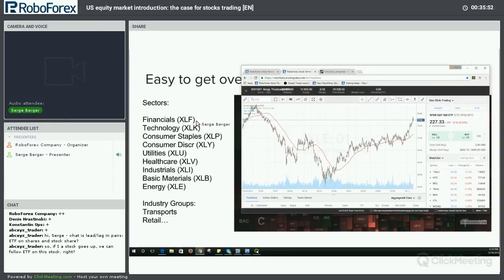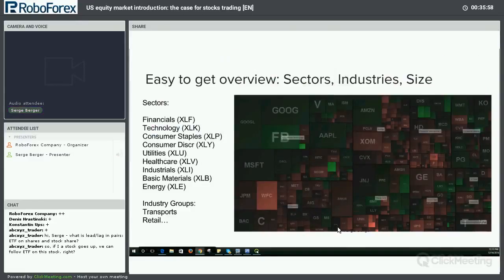Yes, exactly. The XLK ETF, for example, is made up of various technology stocks. In the XLK, we have things like Microsoft, Apple, and Facebook. These are all stocks that are in this exchange traded fund. Of course, it's a fund, it's an index, if you will.